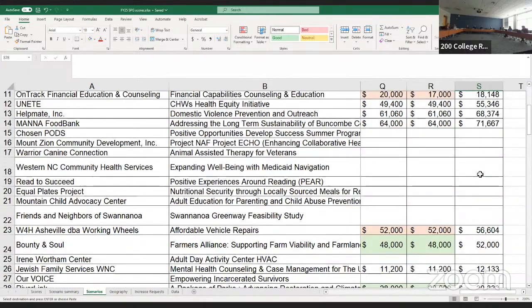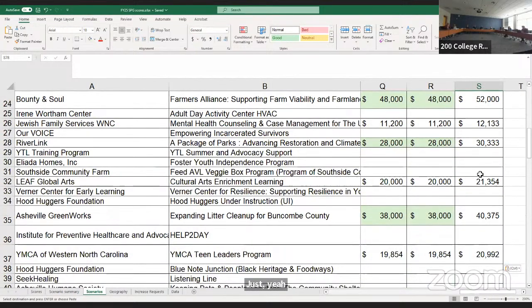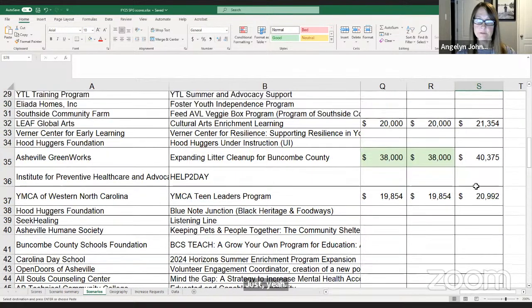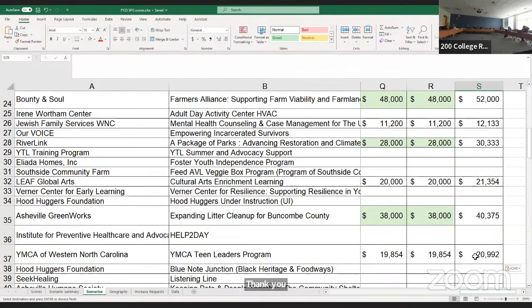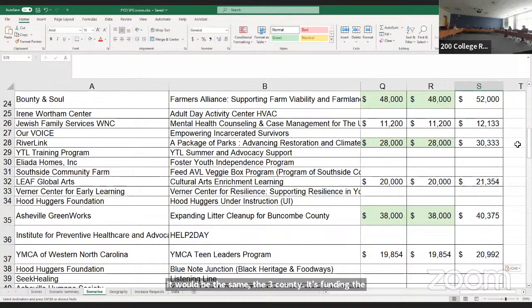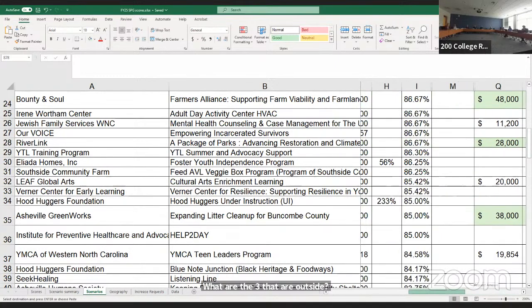What does geography look like with that one? I think that would probably look the same. It would be the same, the 3 county, it's funding the same projects, just at different amounts. What are the 3 that are outside Asheville in that scenario?